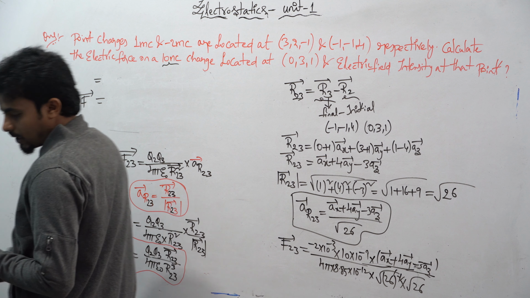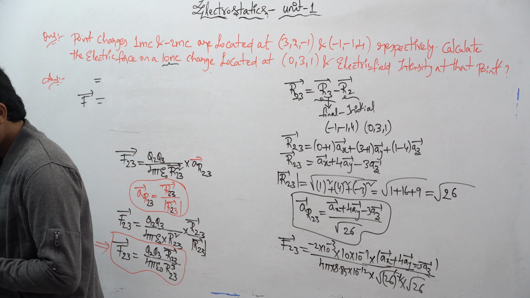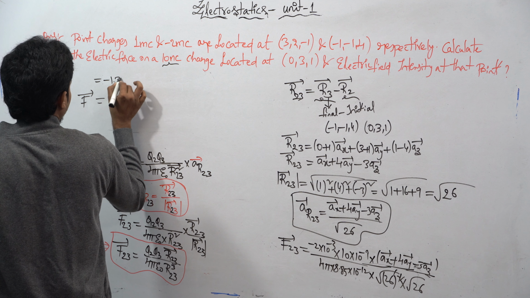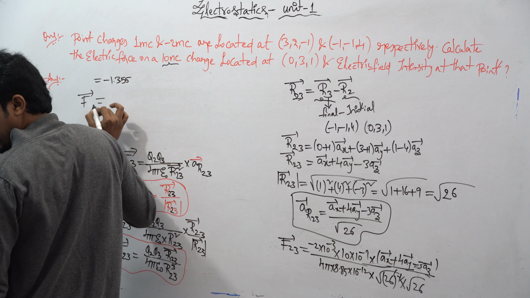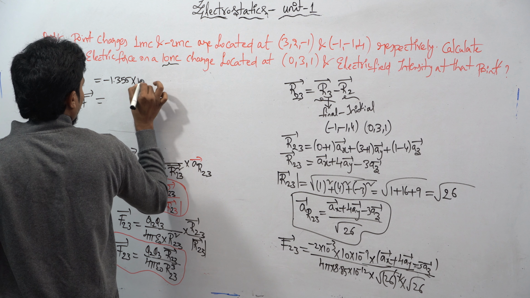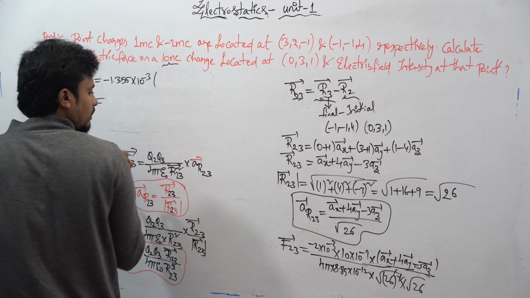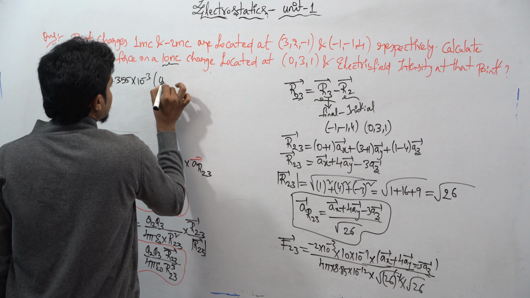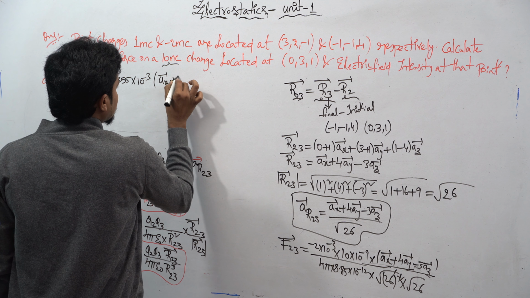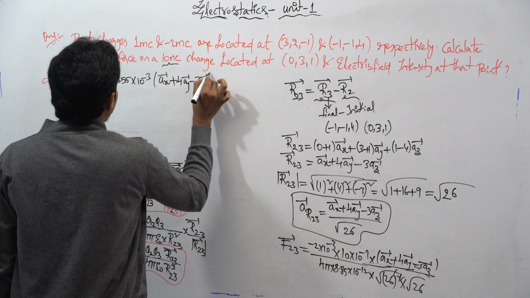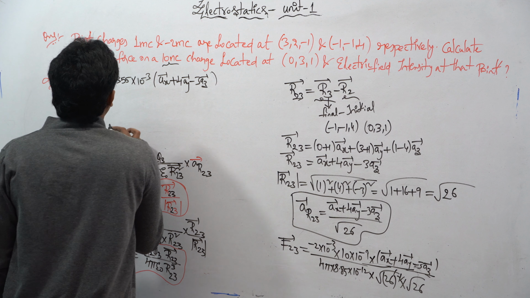So this will become minus 1.355 into 10 to the power of minus 3, into ax bar plus 4ay bar minus 3az bar. You just have to do the multiplication.